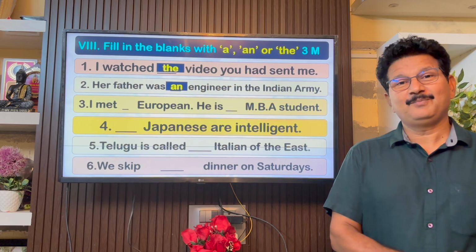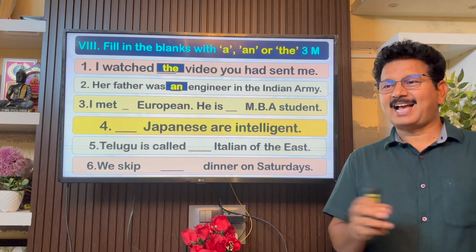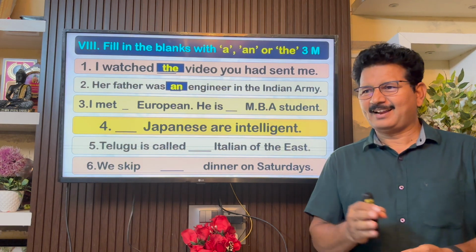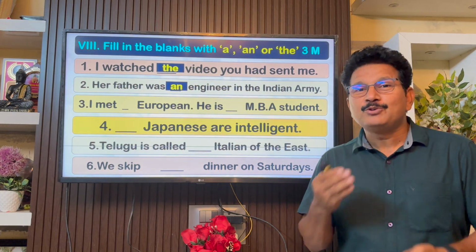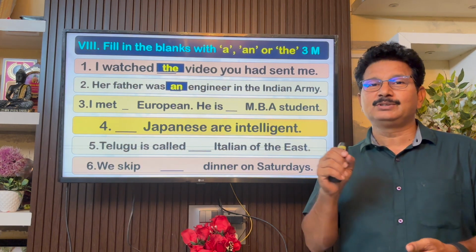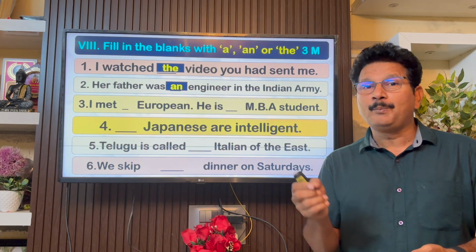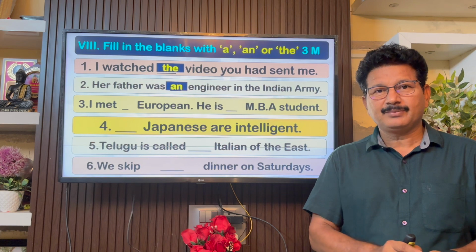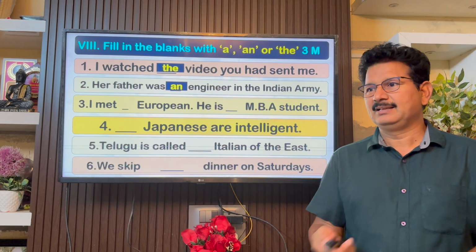And now here, what do you say? I met dash European. The letter is E, right? But if you observe clearly the sound, it sounds like yeah, European. The similar example you will get is a European and a university, right?